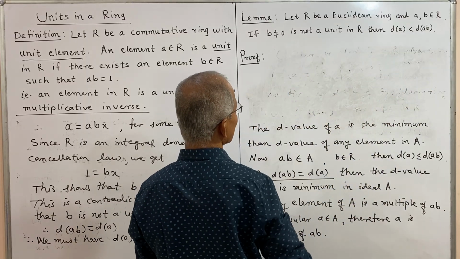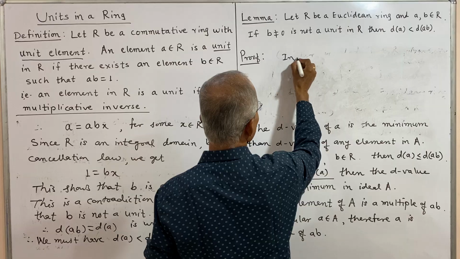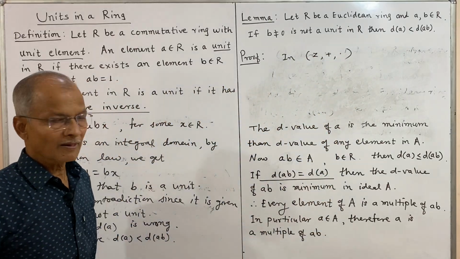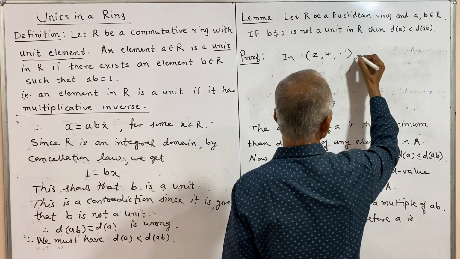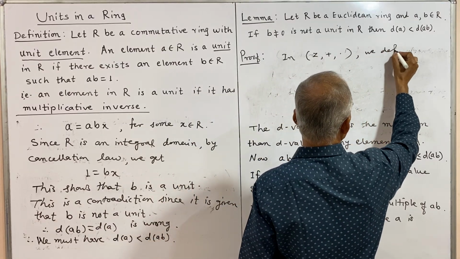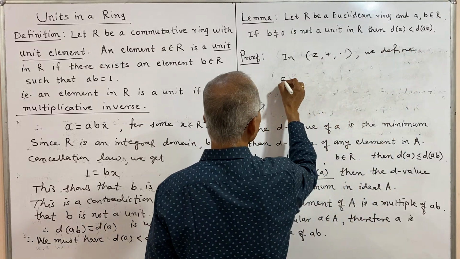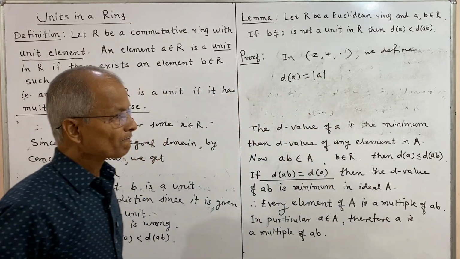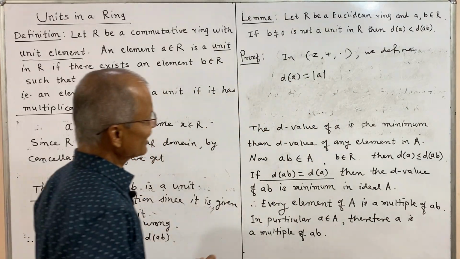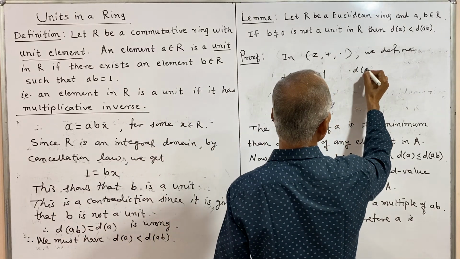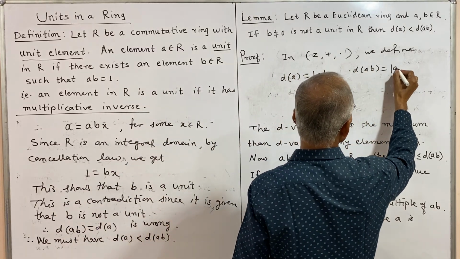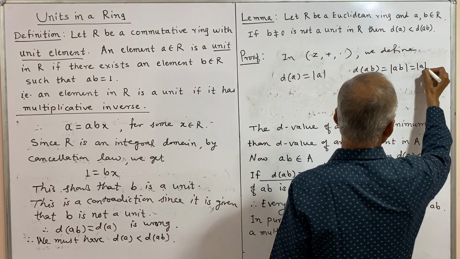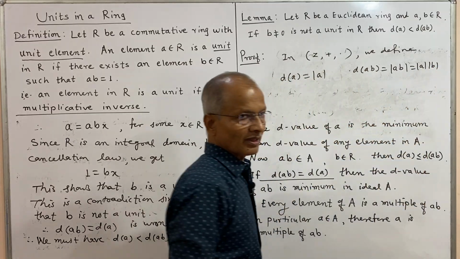So in this ring, in Z with addition and multiplication, we define d value of A is equal to absolute value of A, and then d value of AB is equal to absolute value of AB, which may also be written as absolute value of A into absolute value of B.